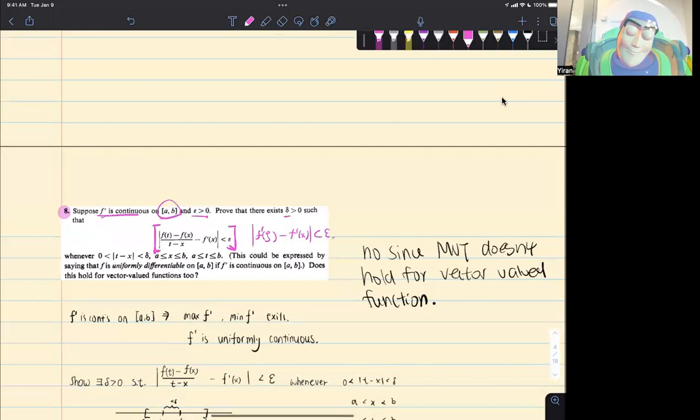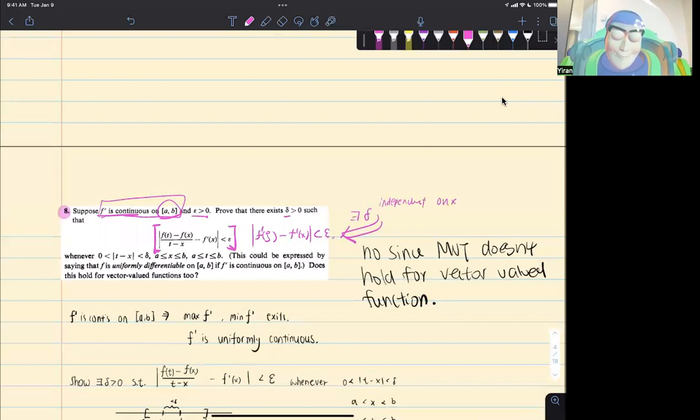And because we know f prime is continuous, we have uniform continuity. So we know there exists a delta, independent of x, such that this implies this. And therefore we're done.